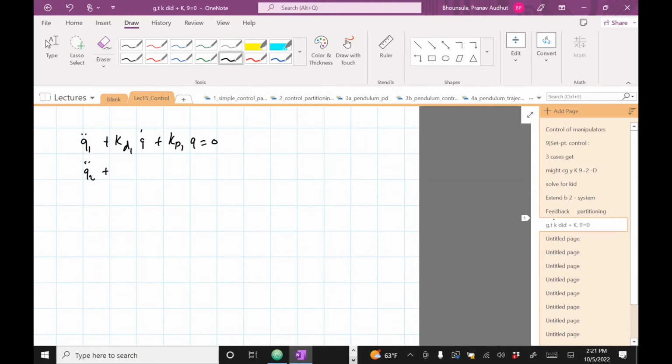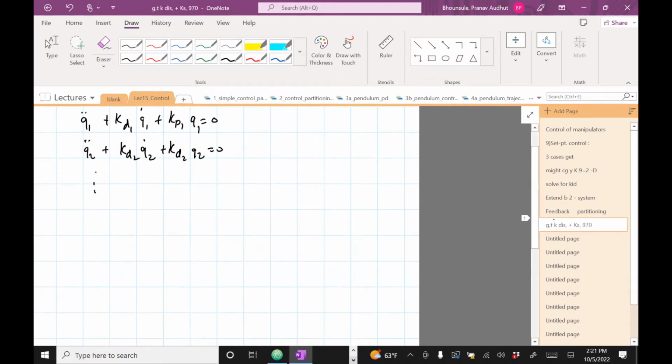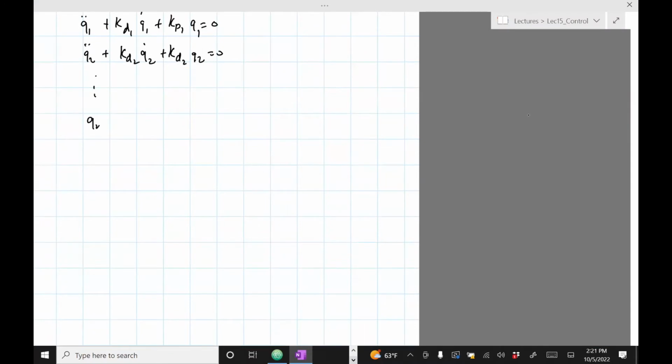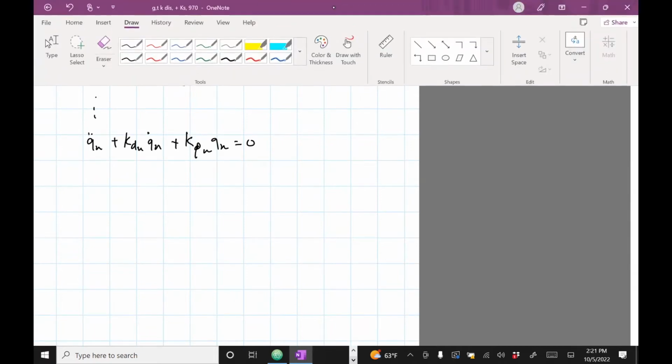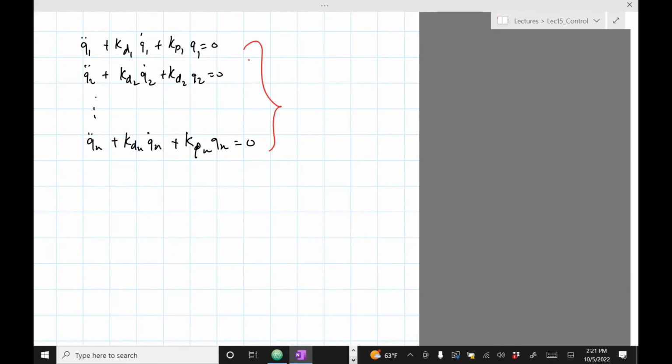Q2 double dot plus KD2 Q2 dot plus KP2 Q2, and so on till Qn double dot plus KDN Qn dot plus KPN Qn equals 0. Okay, so each equation is a separate equation. We have n equations.